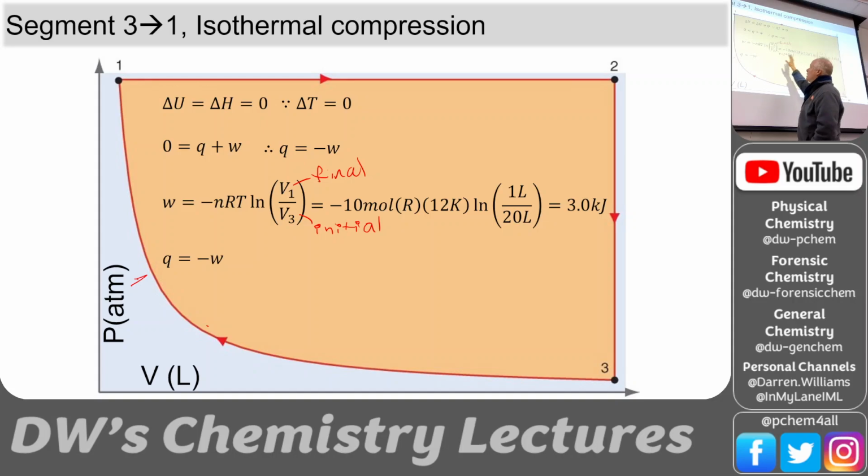If you screw this up right here, it won't be zero. So you can do a kind of checksum at the end of your problem. So here we are. This much work was done on the system. See the positive sign? Let me emphasize that. So it's positive here.